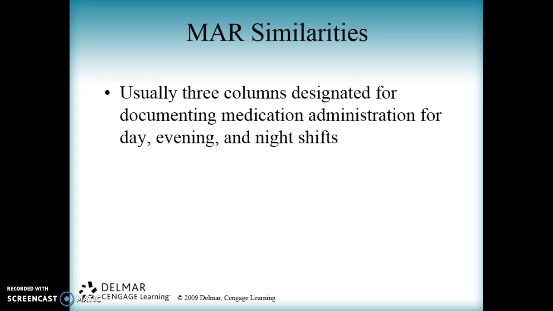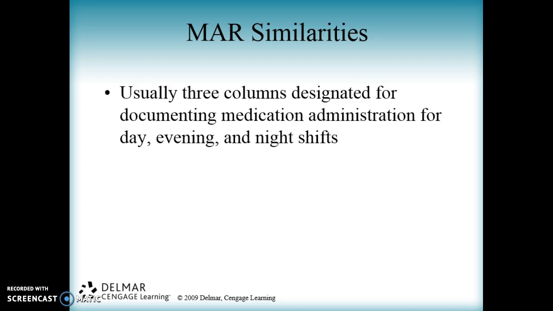This one, however, is going to be every 12 hours, so it's 6 a.m. and 6 p.m. So you can see how, even though both are happening twice a day, they were specified when they should take them.